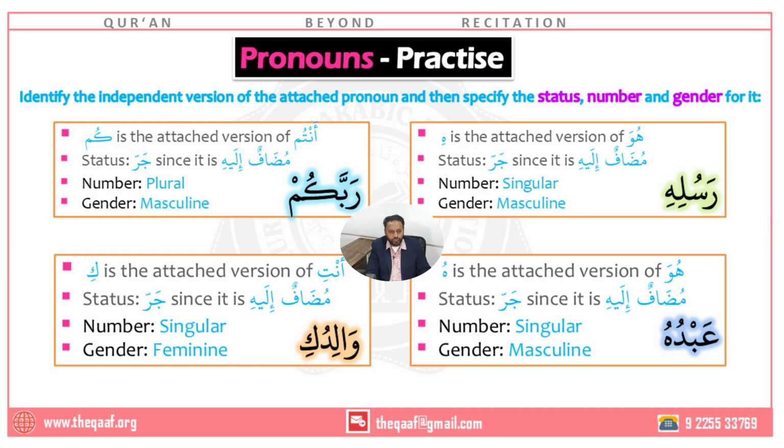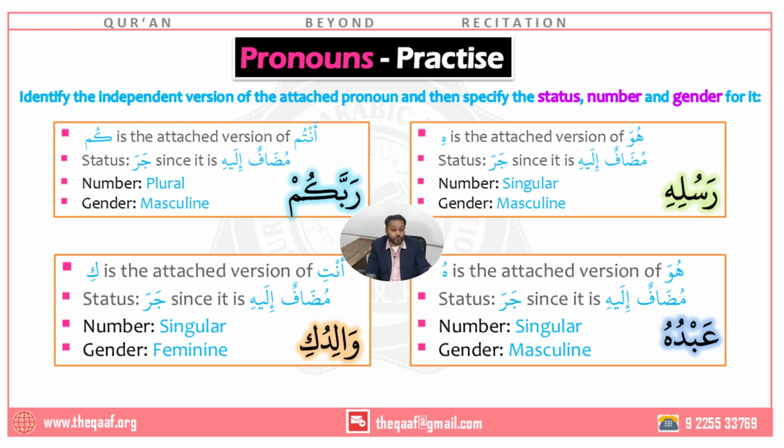Abduhu, pronoun? Who? Yes, detached form is huwa. Okay, what's the status of who? Jar. Attached to an ism. What's the number? Singular. What's the gender? Masculine.